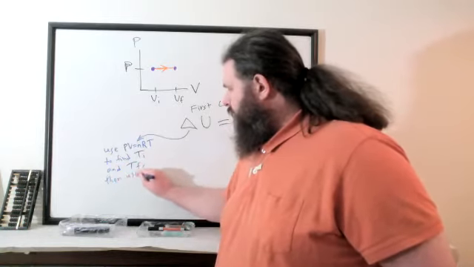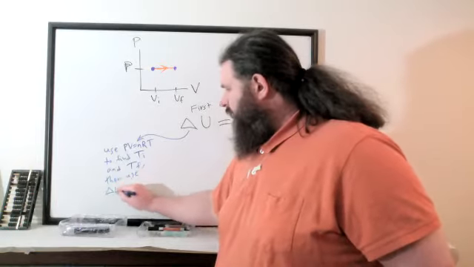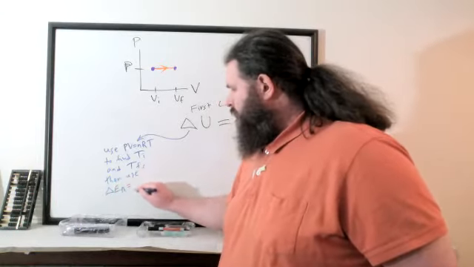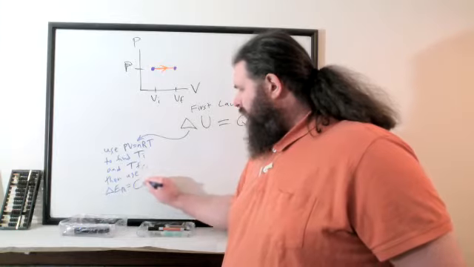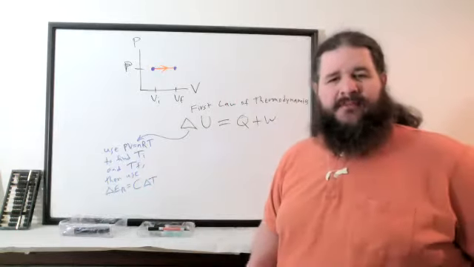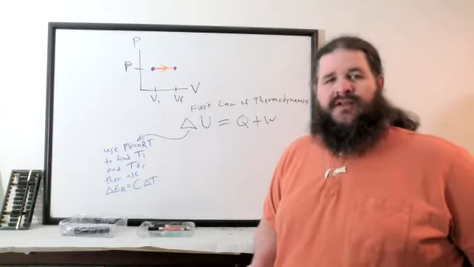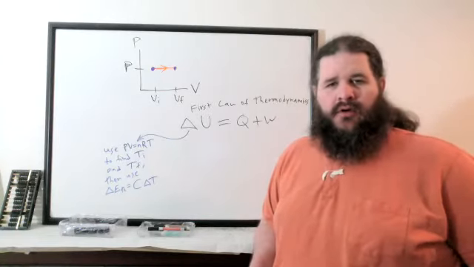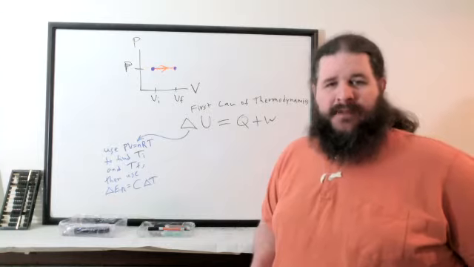Then use delta E thermal equals heat capacity times delta temperature, where heat capacity might be mass times specific heat, or number of moles times molar specific heat, or whatever formula you want for heat capacity.